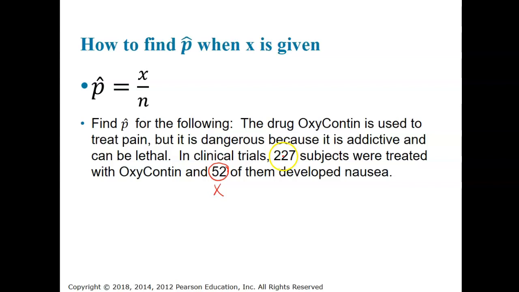And this is going to be my sample size, or my N. So this is going to be 52 out of 227. So 52 divided by 227 is going to give me 0.229 for my p-hat on that problem.